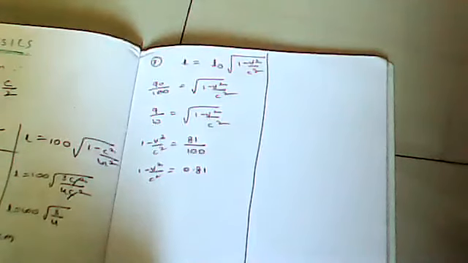We have to find V, so we don't want the root. Squaring on both sides, 1 minus V square by C square is equal to 81 by 100. So directly, 1 minus V square by C square is equal to 0.81. Calculate yourself; we need to find the V value.